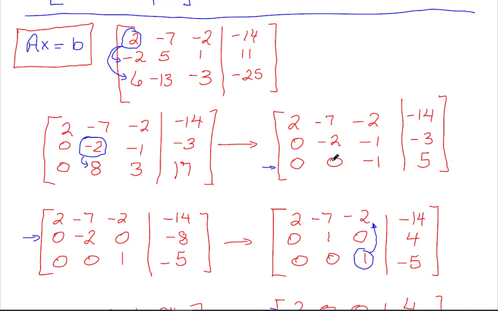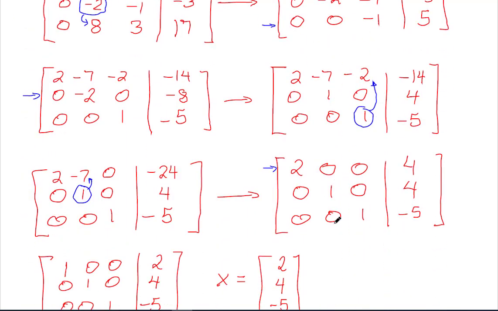Alright, I notice at that point I can make this 1 easily enough, and I can use that 1 to make a 0. Once I've made that 0, I can divide this row by minus 2, so that looks better. I'm going to use this 1 to make a 0 above it.